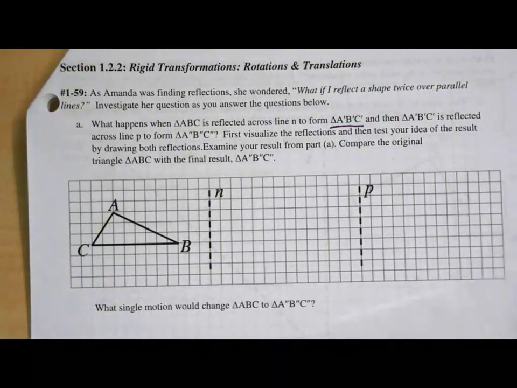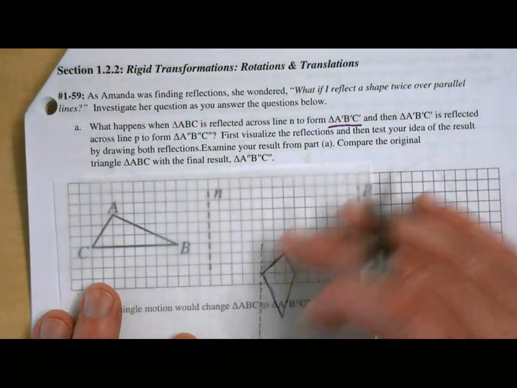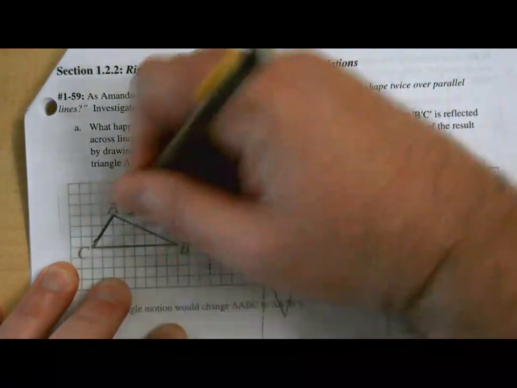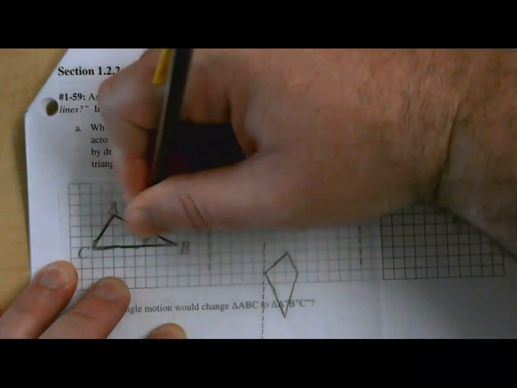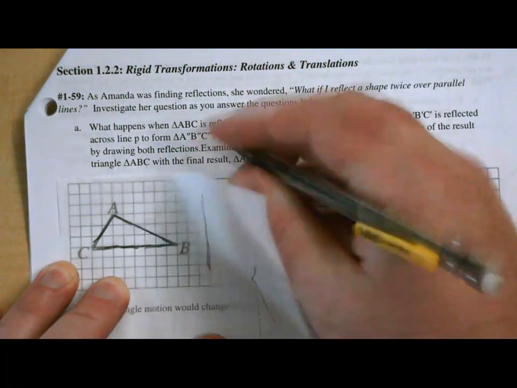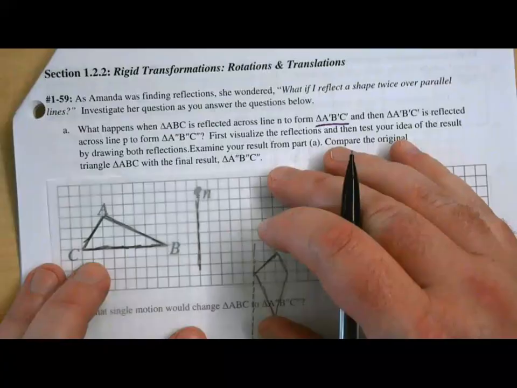We did have some folks out, so I'm going to go over how to do this with the tracing paper. So I'm going to trace the triangle. And then the key thing is you also have to trace the line of reflection. And I like to put a dot on the line of reflection and then also put that on my tracing paper.